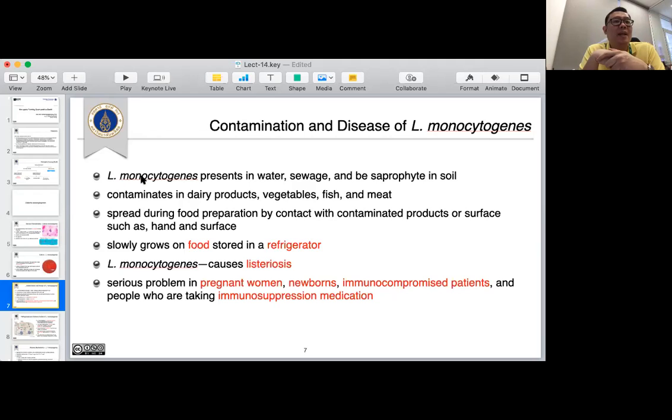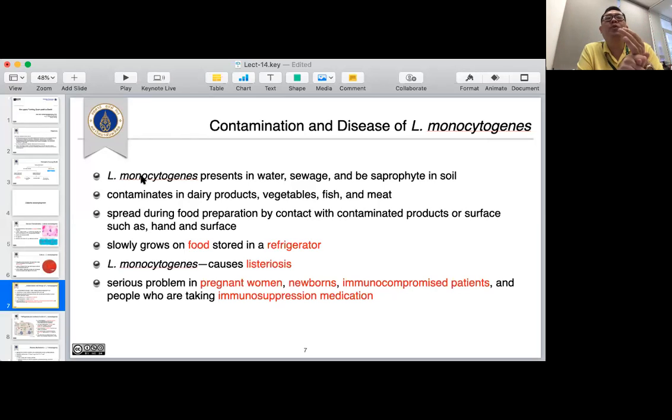L mono contaminates vegetables. If you buy vegetables from the market and do not clean them properly, L mono will spread. And basically, when you buy meat and vegetables and put them in the refrigerator, do not mix meat and vegetables together, because L mono from vegetables will cross-contaminate meat, and then that is more serious.